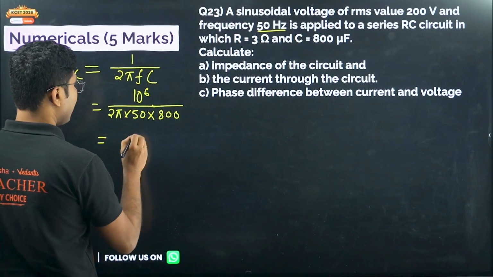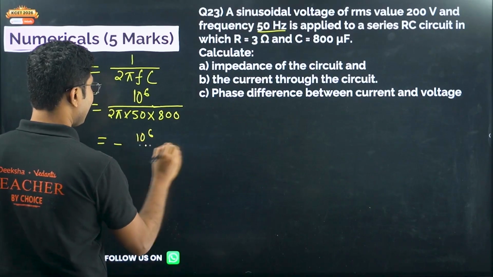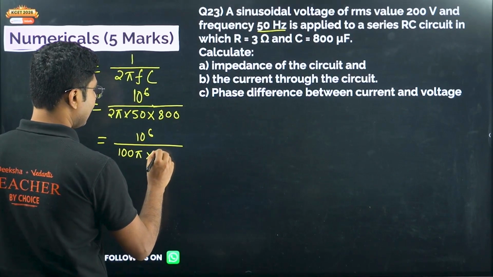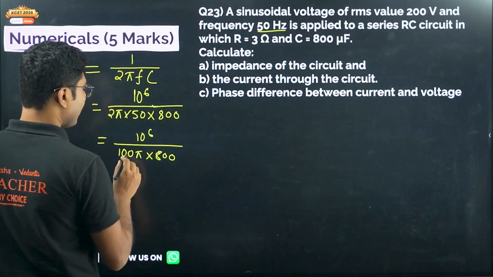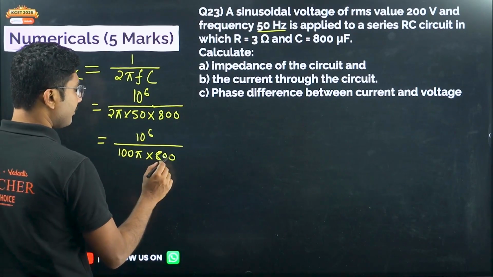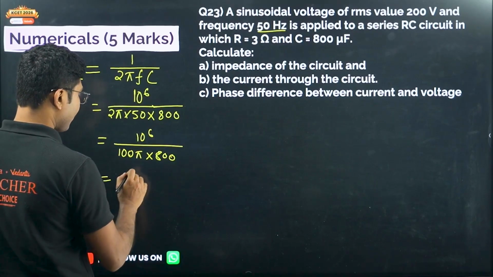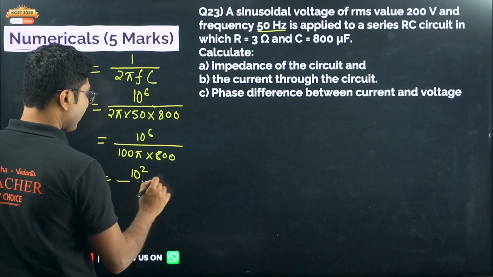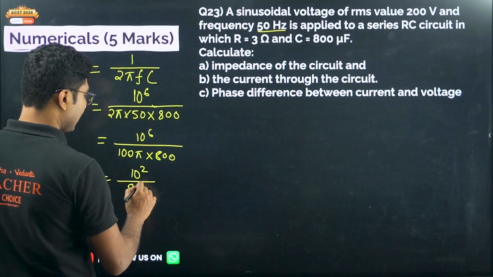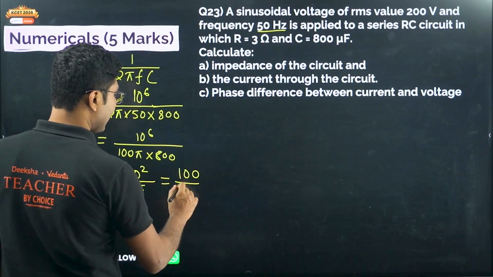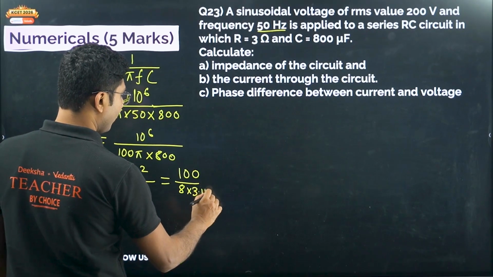So 10 to the power of 6 divided by 100 pi into 800. How many zeros are here? 1, 2, 3, 4. So 4 zeros are cancelled. So what we got? We got 10 square divided by 8 pi. So that is 100 divided by 8 into 3.14.